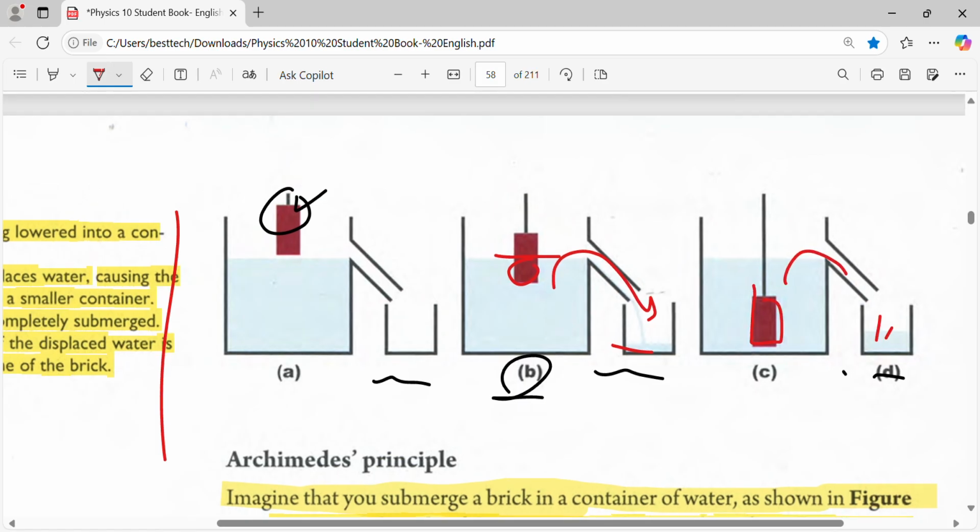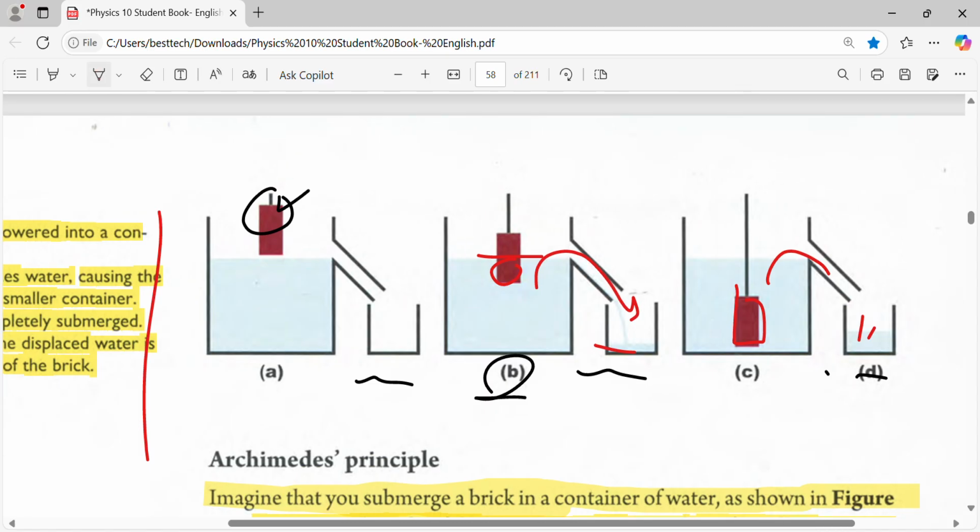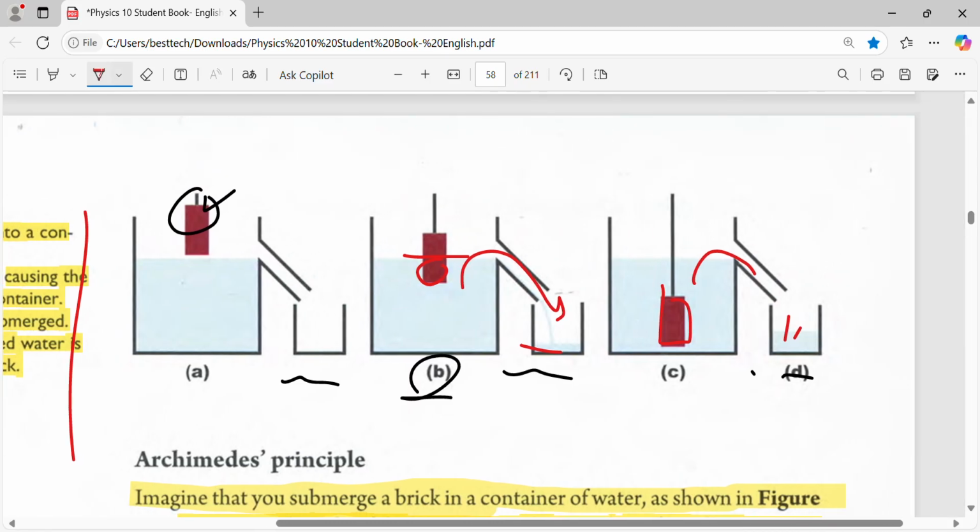Look, more water comes out. And this is actually true. If you put a bit of the object under the water, a little water comes out. But if the object is completely under the water, more water comes out, because the object totally goes under the water.